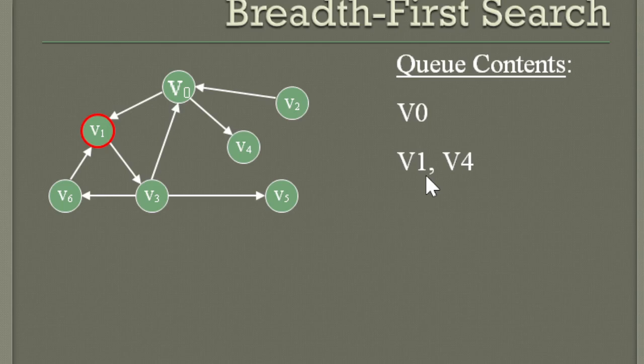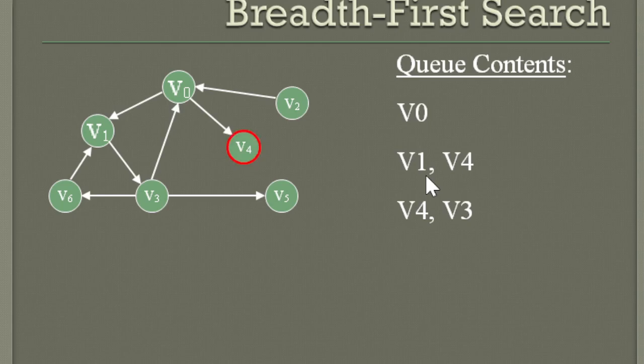Based on V1, go to the next adjacent node, that is V3. So V4 and V3 are inserted. V3 is the adjacent of V1. Then let us consider the adjacent of V4.